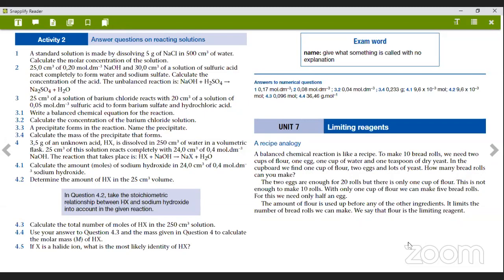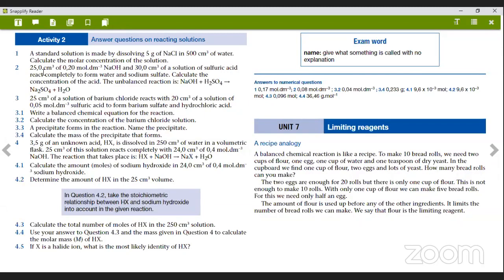What is the acid? The acid is the result of the two, NaOH, H2SO4. Okay, solution of sulfuric acid. So now they're looking for the concentration of the sulfuric acid, this one here.